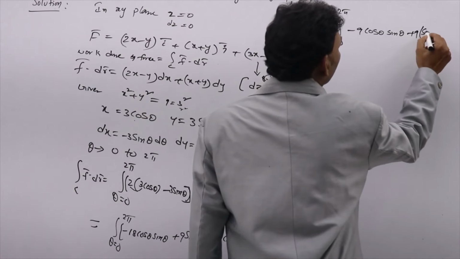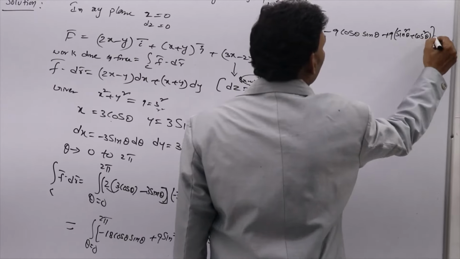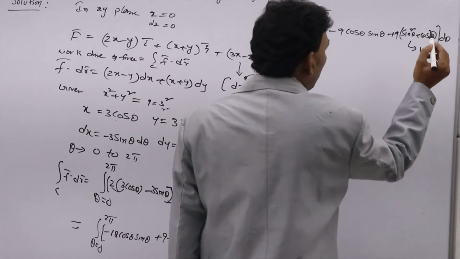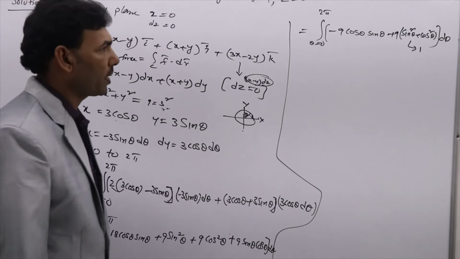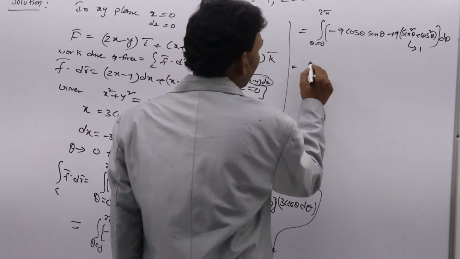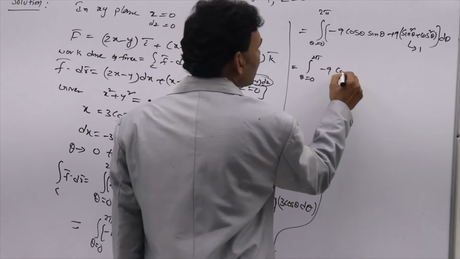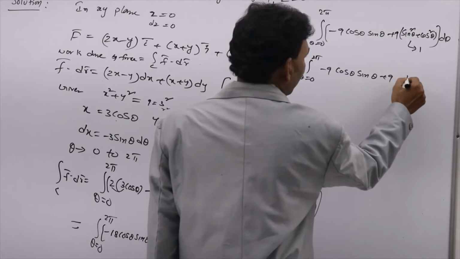Sin square theta plus cos square theta is 1. Now the integral from 0 to 2 pi of minus 9 cos theta sin theta plus 9, d theta.